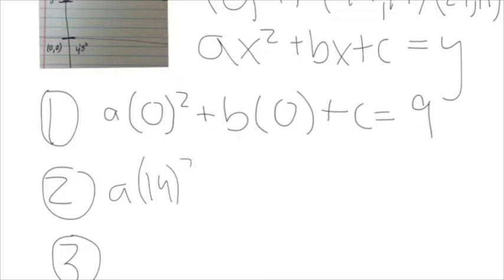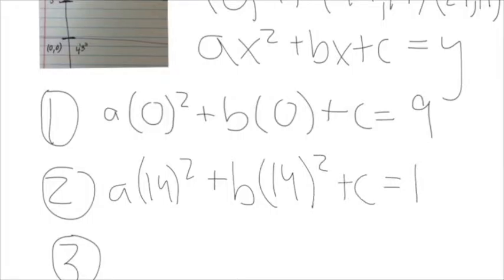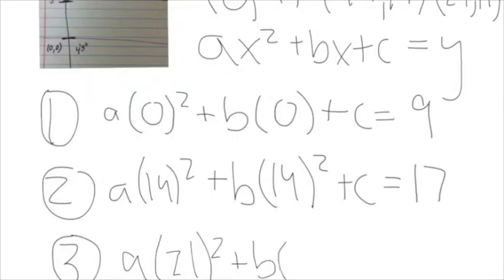Next we will plug in (14, 17) with the 14s where the x's are and the 17 where the y is, and then we will plug in (21, 11) using the 21s where the x's are and the 11s where the y's are.